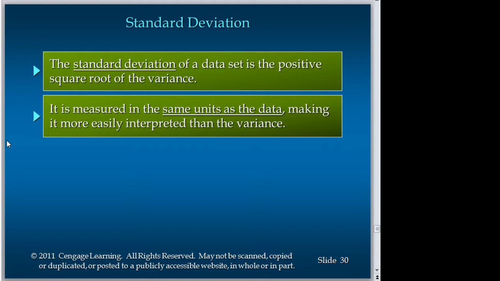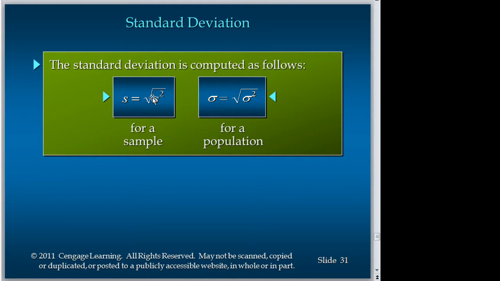For sample, you use the symbol S. For population, you use sigma. Once you find S square, the sample variance, you take the square root. Just use the square root button on your calculator. And same thing for population, right?